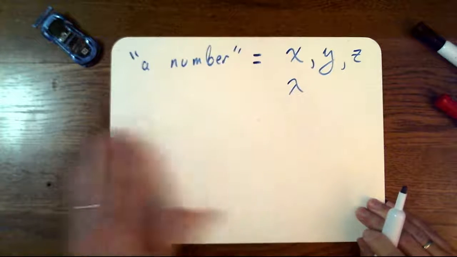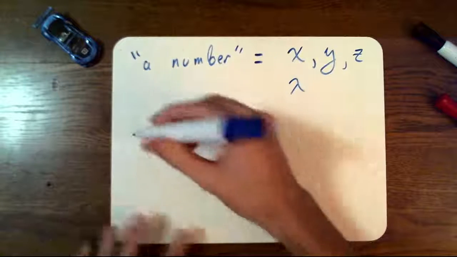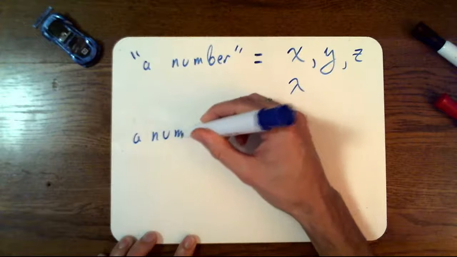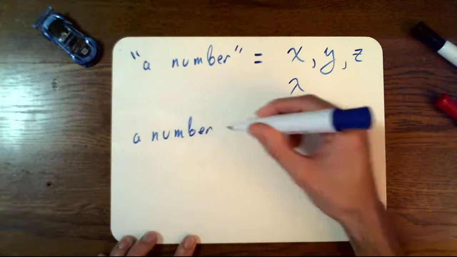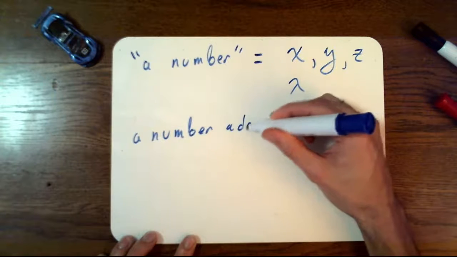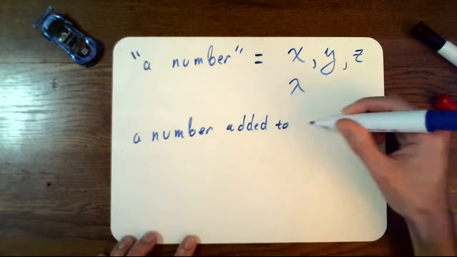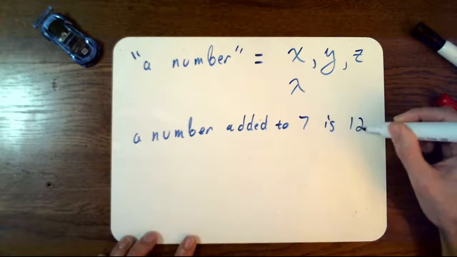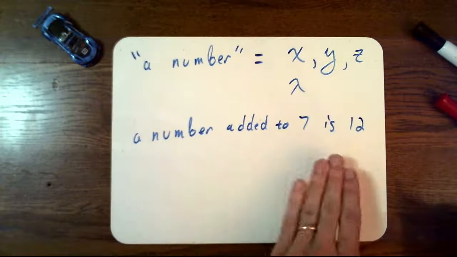But problems like these are going to look like: a number added to 7 is 12. A number added to 7 is 12.